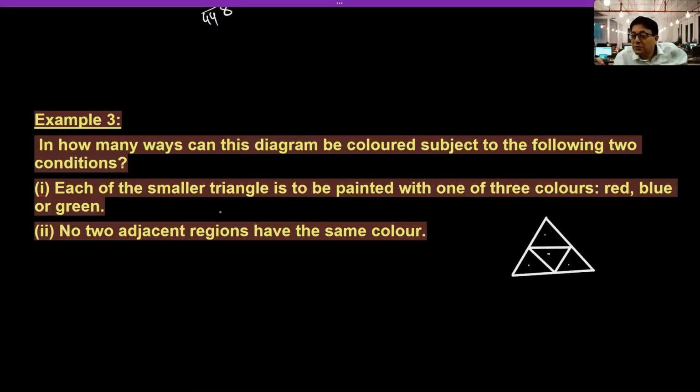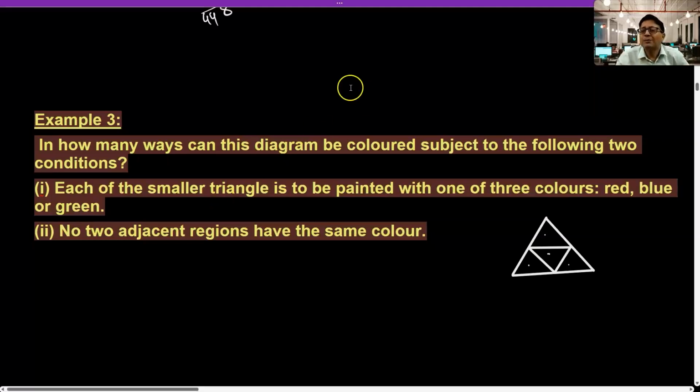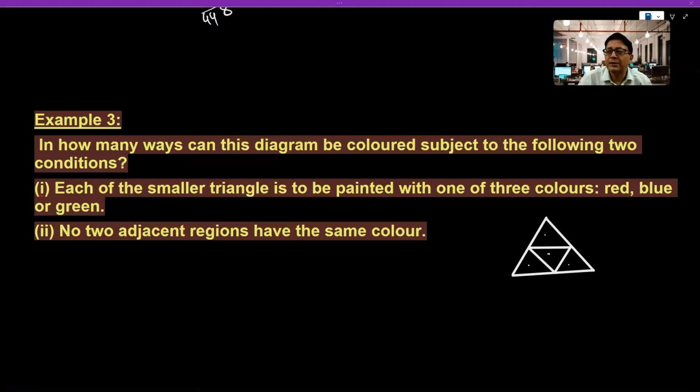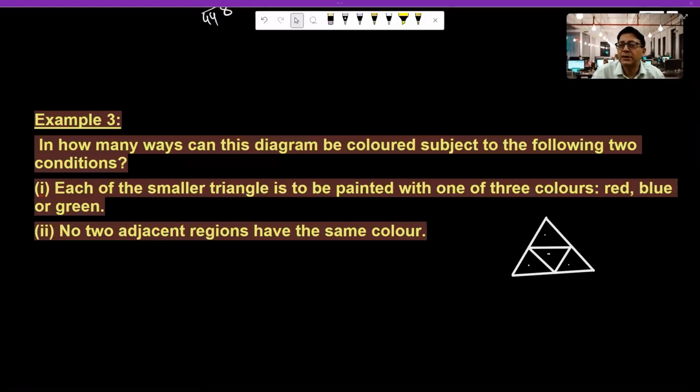The concept will be confusing for you if you do not apply it. If you are not ready to accept the fundamental principle of counting, it will take a long time for you and you will definitely make mistakes. So one of the colorings I can show you in this manner.